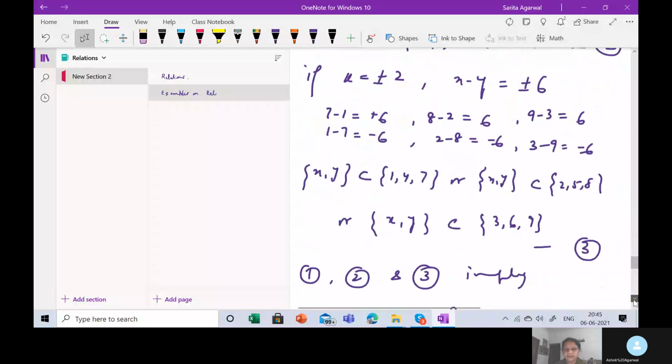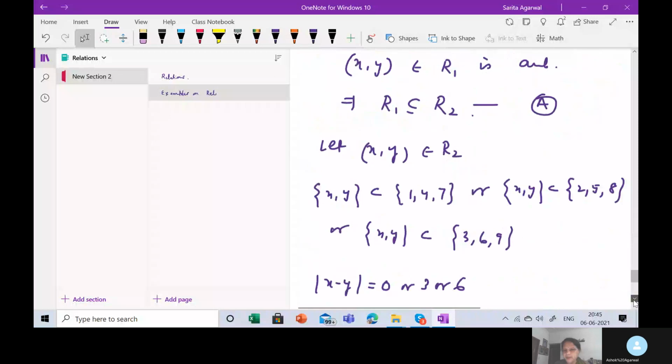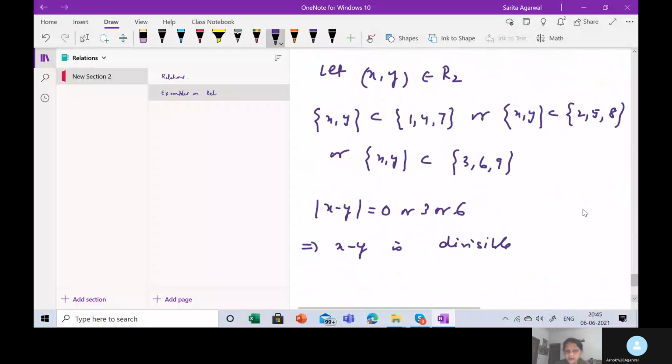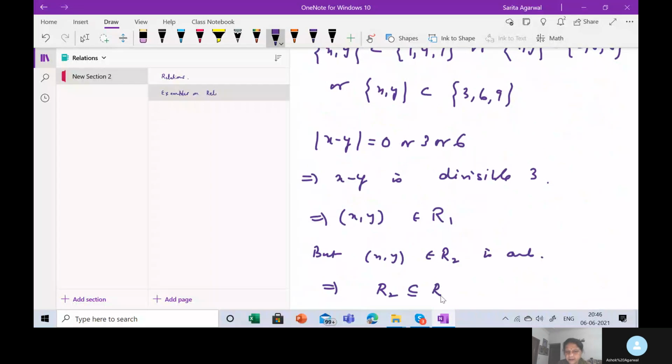So this gives us that x minus y is divisible by 3, which means that xy belongs to R1, but xy belonging to R2 is arbitrary. This implies that R2 is contained in R1, right?